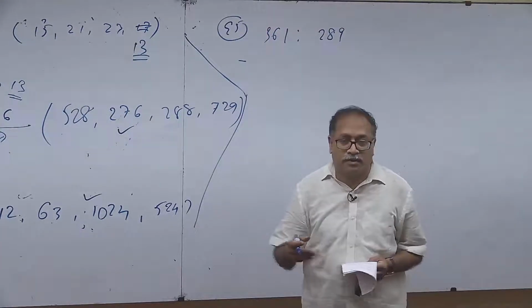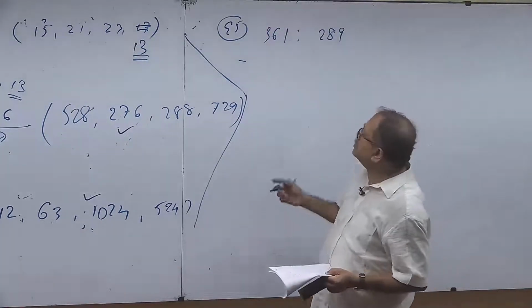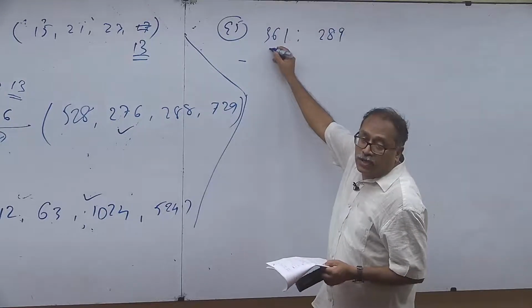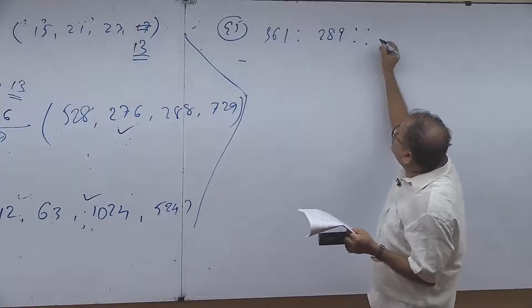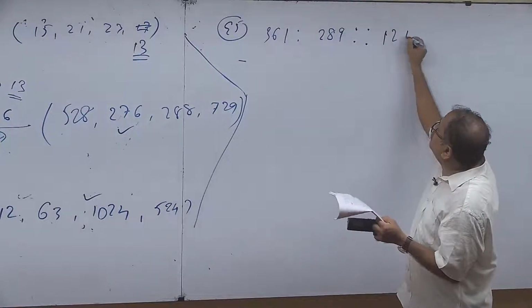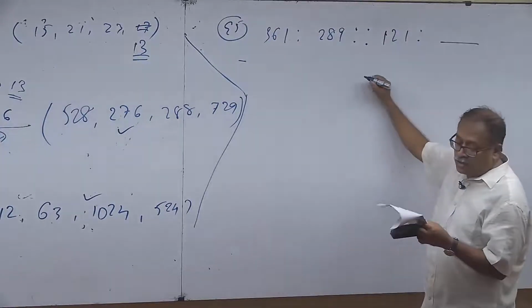We will discuss all 13 questions. So, that is, if 361 is written as 289, then how will you write 121 with the same logic?